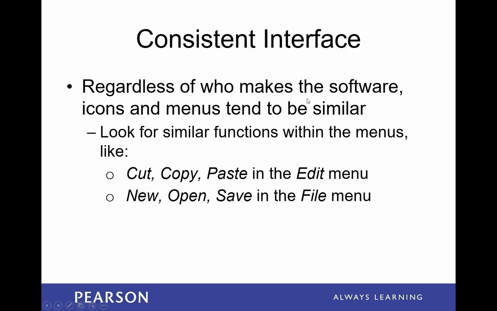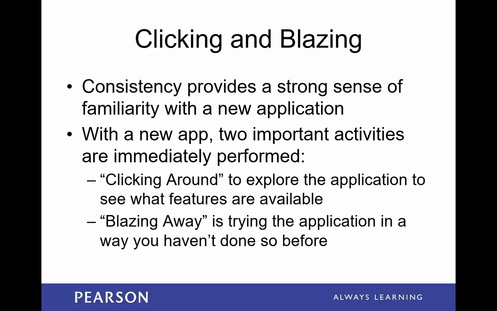Then there was the concept of a consistent interface. Regardless of who makes software, there's a tendency for the icons and the menus to be similar. This is especially true with software made by the same vendor. Some things to know are that cut, copy, and paste are found in the Edit menu, and that New, Open, and Save are found in the File menu.